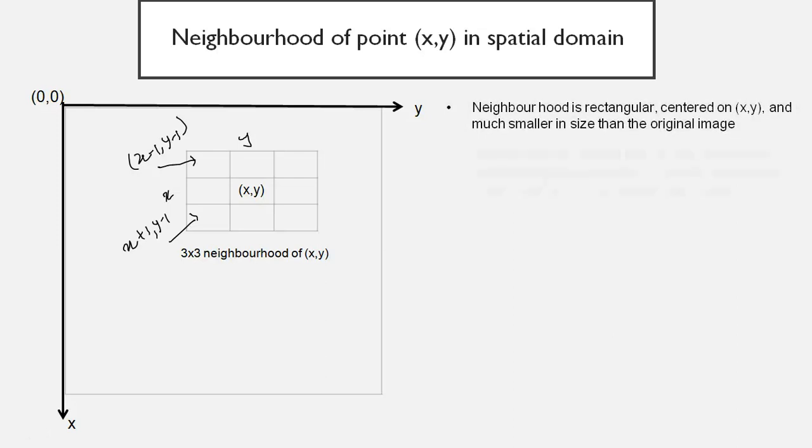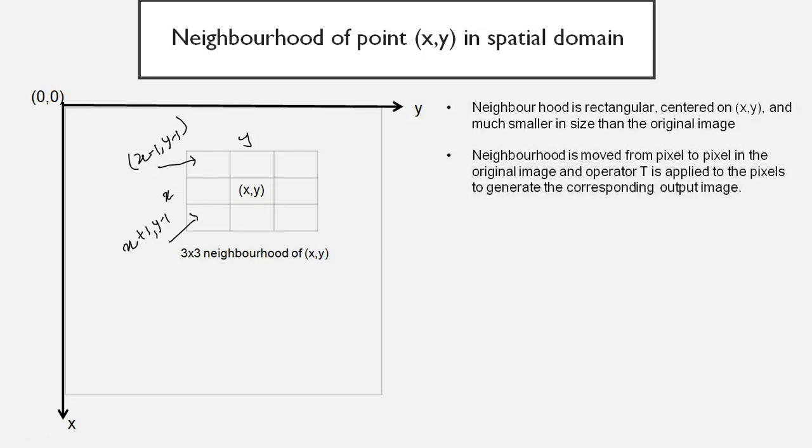As defined, this rectangular box is called the neighborhood of x comma y, and for the operation in spatial domain, this neighborhood could be shifted and convolved over this image to obtain the corresponding spatial domain output.